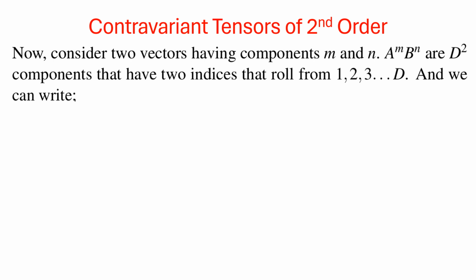So here we have two components m and n, and am bn, this product, which is product of tensor of rank 1 into tensor of rank 1, this offers us tensor of rank 2 in d square space, and that can be written as Tmn.